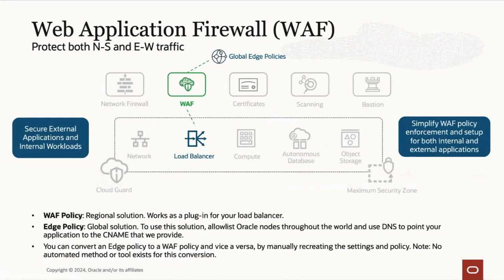WAF can protect any internet-facing endpoint, giving you consistent rule enforcement across your application. The service also provides the ability to create and manage rules for internet threats, such as cross-site scripting, SQL injection, DDoS, or others. So it would be important to have in place.